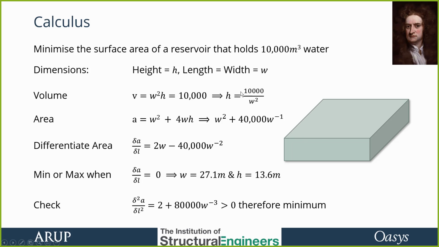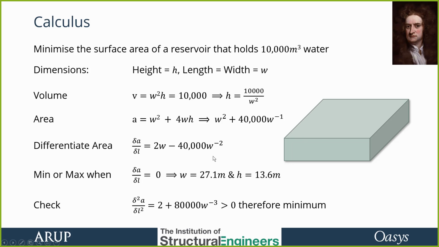We can substitute them together. We can differentiate that to find this expression, put this equal to 0, and we can find the answer: the minimum amount of concrete on the walls and base is when the width is 27.1 meters and the height is 13.6 meters. And just to check, differentiate again, we find it's greater than 0, and therefore we know that is a minimum and not a maximum volume.